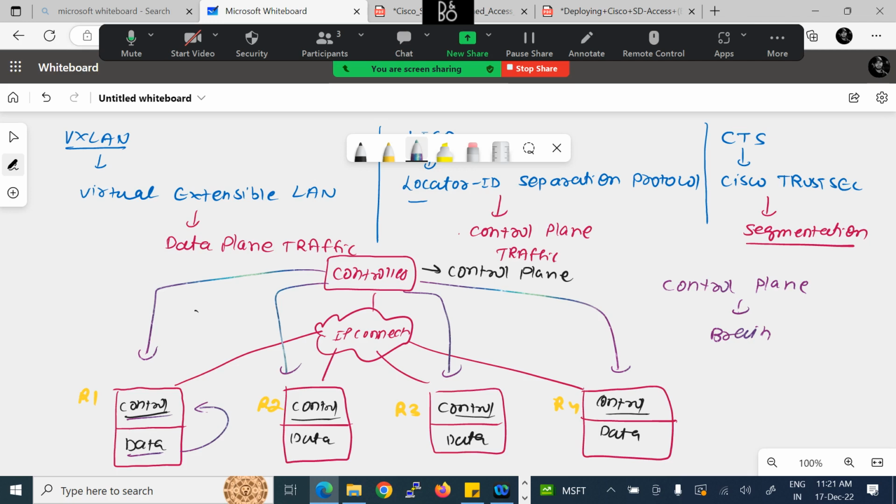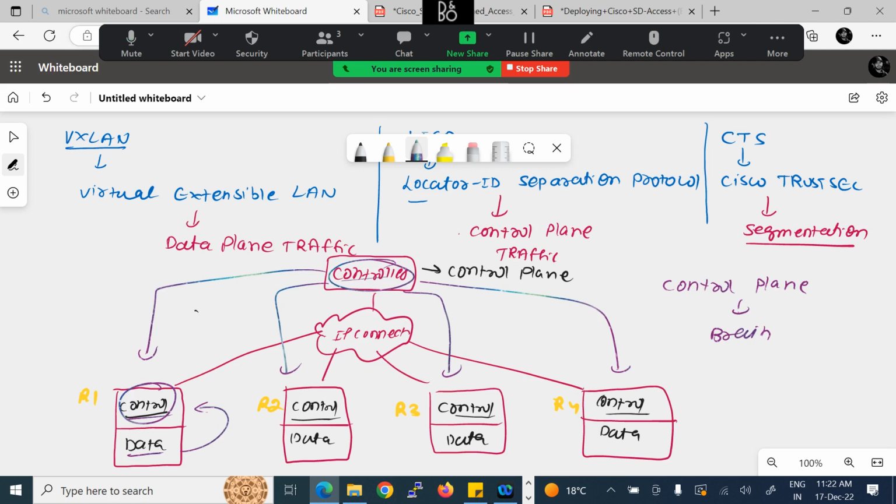In a human body, if your hands and legs are very healthy, but they are not controlled by the brain, you would not be able to even lift a pen, right? The data plane is totally dependent on the control plane, and we will be managing the control plane of each and every device from the controller itself.